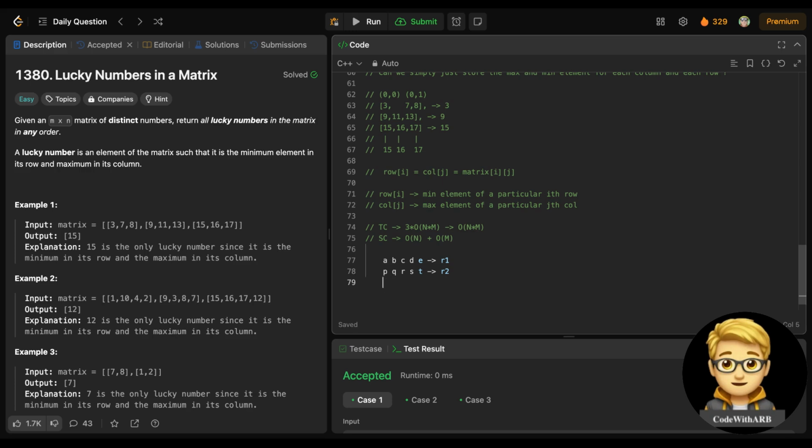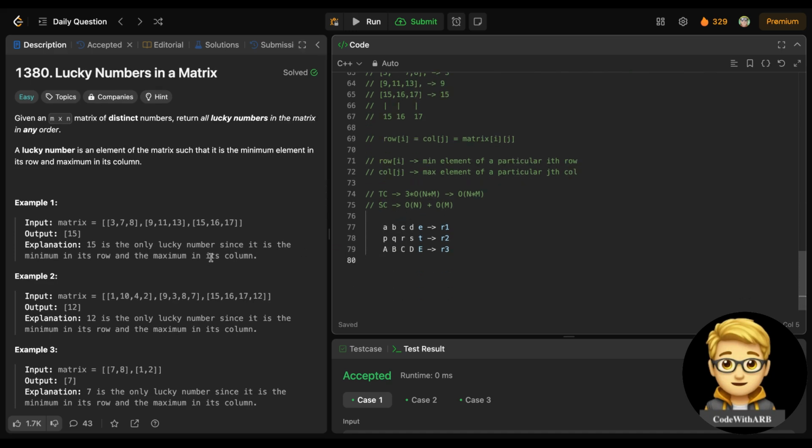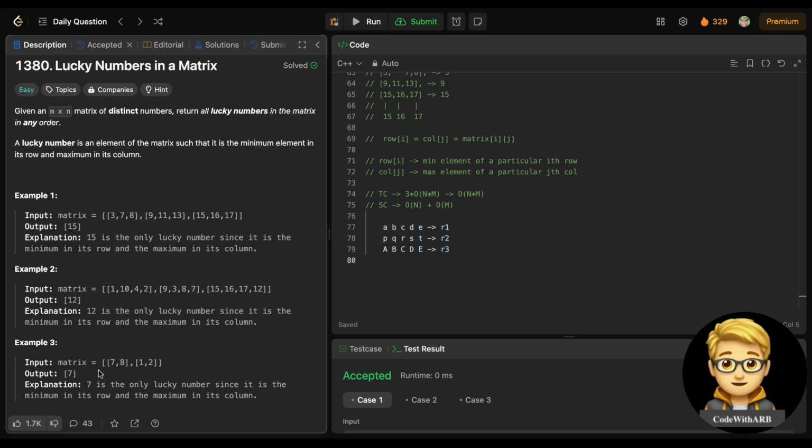Not q, because we need distinct numbers, right? So a, b, c, d and e in capital letters. These are all distinct numbers. I'm claiming that there will be only one lucky number if we have been given distinct numbers. Why? The first thing I noticed is that the answer is only one, right? We are getting only one answer. So I thought about how this can be only one.